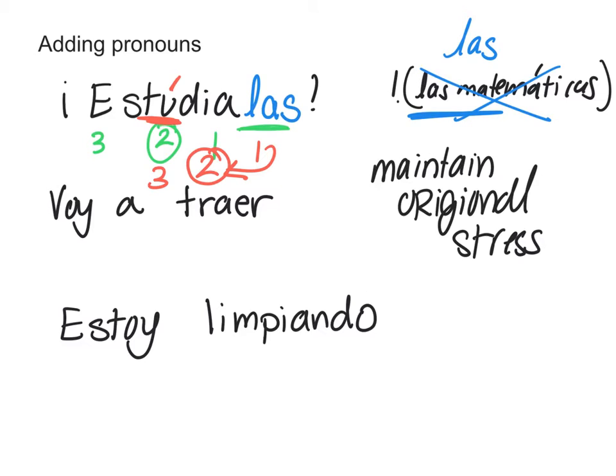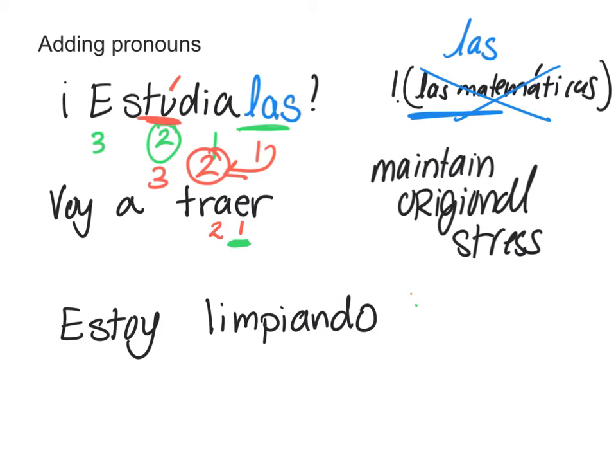So let's look at the verb traer before we put anything on it. Traer has two strong vowels, so it has two syllables. So here's our last syllable, and here's our second to last syllable. It ends in an R, which is a consonant, so our stress is here on this last syllable, and it should stay there.